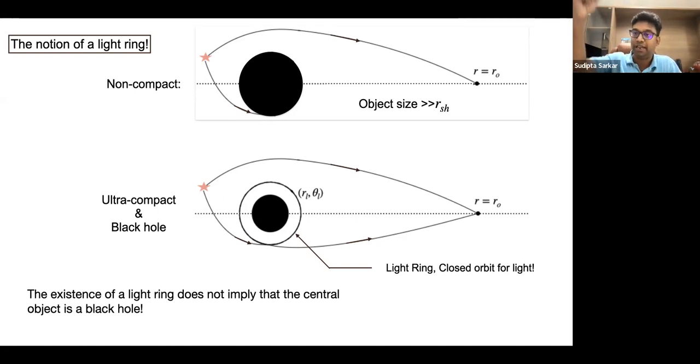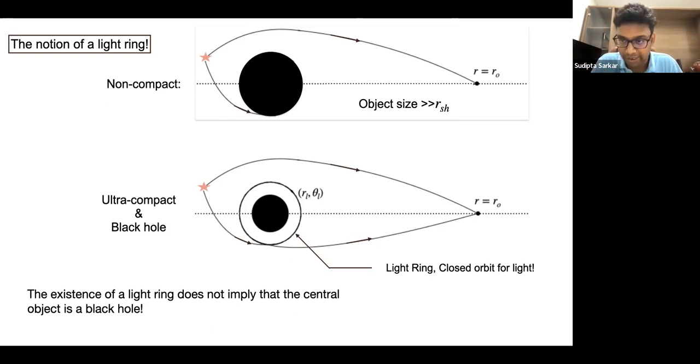When background light comes, it can go on circular orbits around that object. If light goes inside this circular null geodesic, it can go into the black hole, since it's like an unstable orbit. So it can either fall into the black hole or come out to us as a scattering orbit.